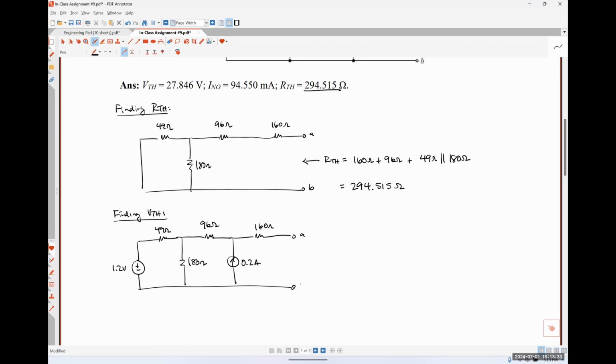We were told to put the positive polarity terminal on top. So this is the circuit that we're analyzing, and we're trying to find VTH. So how might we go about this?